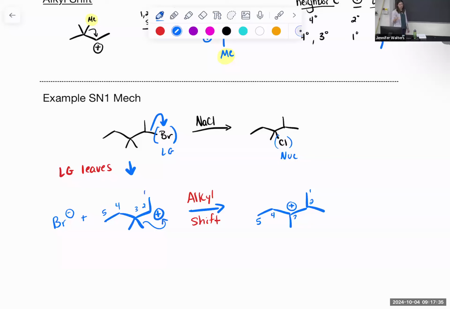Now my nucleophile can attack. Now that chloride can attack. Always watch out for carbocation rearrangements with SN1 reactions.